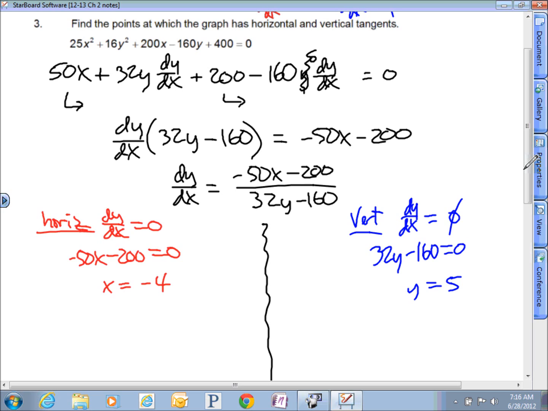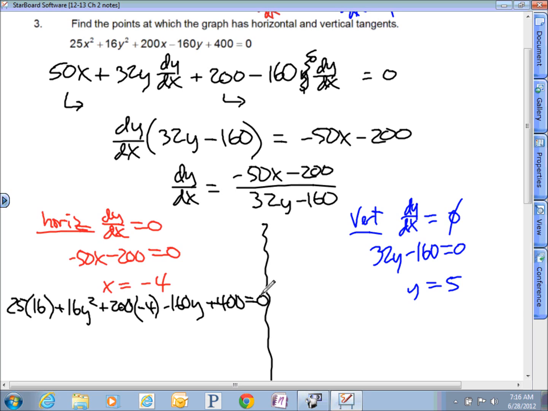So negative 4 squared is 16, so I've got 25 times 16 plus 16y squared plus 200 times negative 4 minus 160y plus 400 is equal to 0.